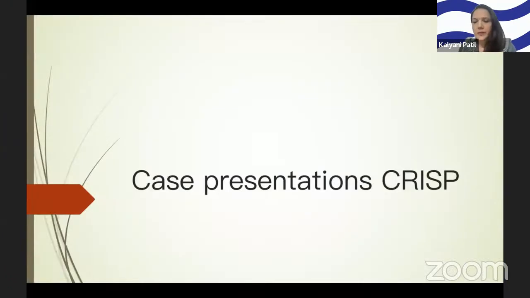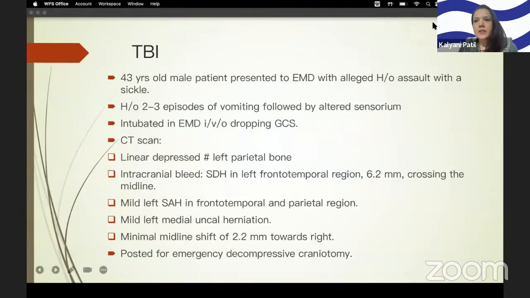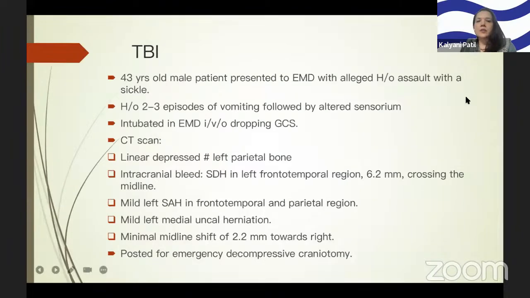Is it visible? Yes, ma'am. So the first case is of traumatic brain injury, a 43-year-old male who presented to the emergency medicine department with alleged history of assault with a sickle. He had 2 to 3 episodes of vomiting followed by altered sensorium. He had to be intubated in the emergency department in view of dropping GCS.